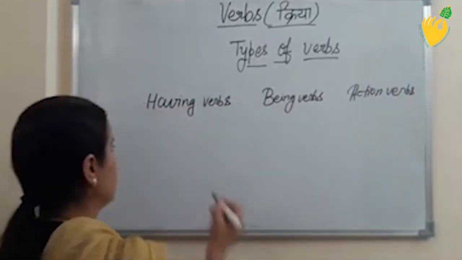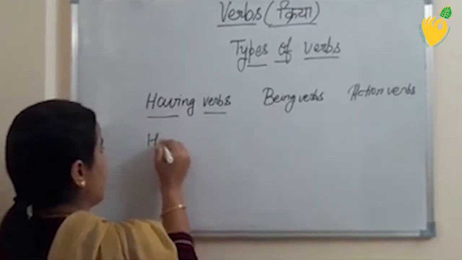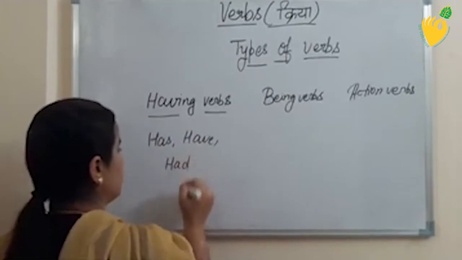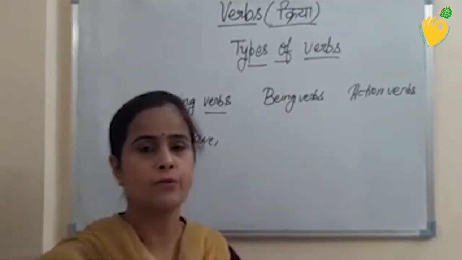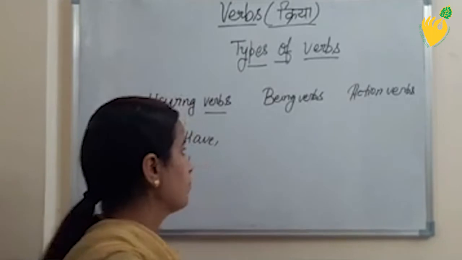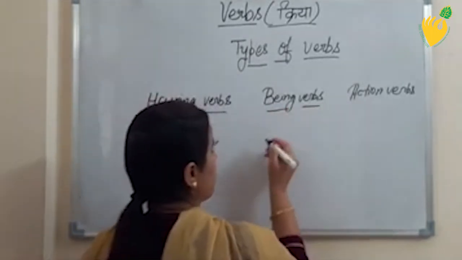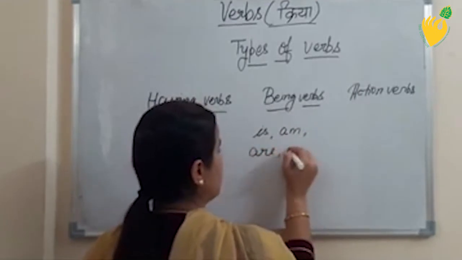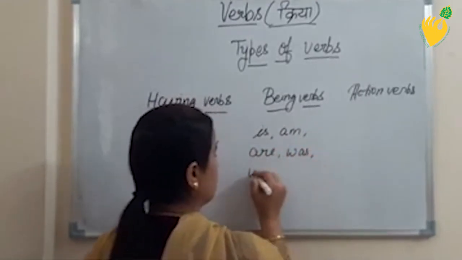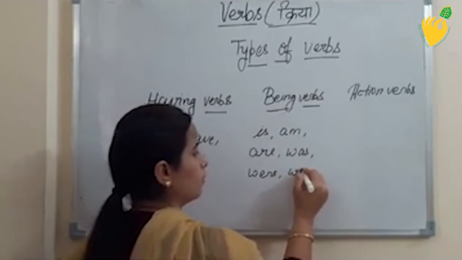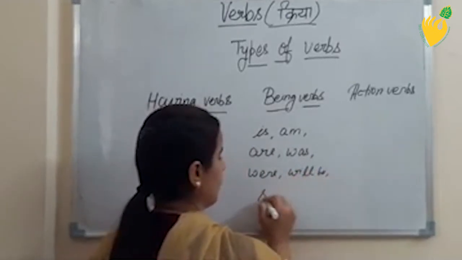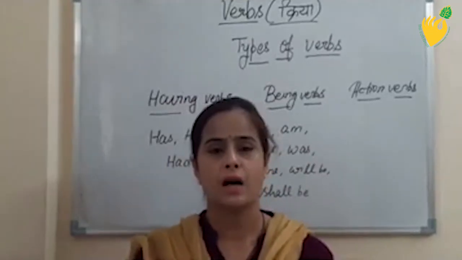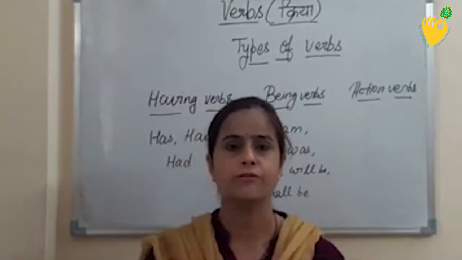Having verbs are has, have and had, and these verbs are used to show possession. Being verbs are is, am, are, was, were, will be and shall be. Being verbs are used to show state of being.